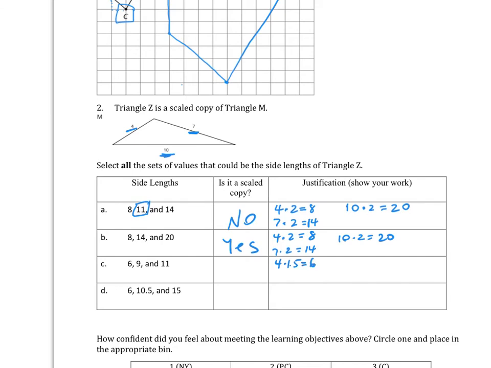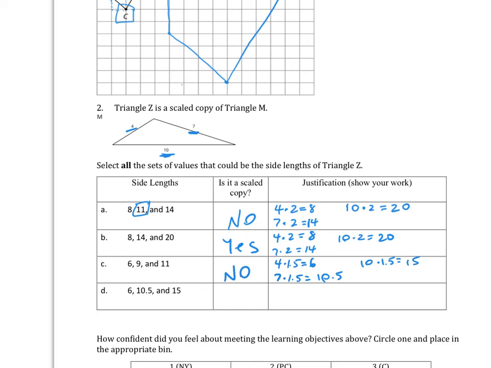So I'm going to repeat that for the others. So 7 times 1.5 is equal to 10.5. And 10 times 1.5 is equal to 15. So although it does work for the 4, it does not work for 7 and 10. So this would be no.